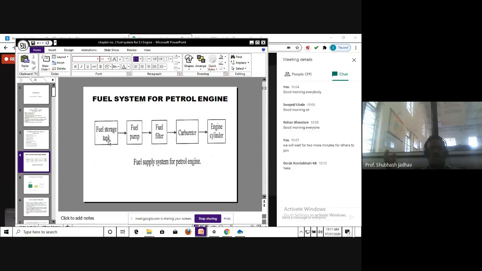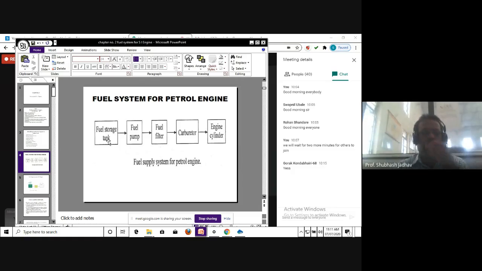Okay, under all conditions means whether it is rainy season, whether it is summer, whether it is winter, in any condition it should be in a position to supply the fuel. So it should not happen that due to winter the fuel tank is unable to supply the fuel, or due to summer it is unable to supply the fuel. Something like that should not happen. Okay, so that is again important.